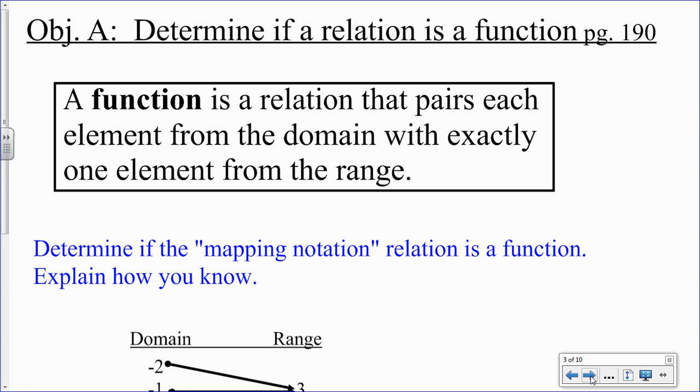In other words, a function is a relation where every input has only one output. So domain is input, range is output. So the input has only one output.